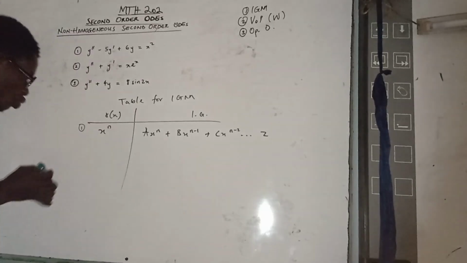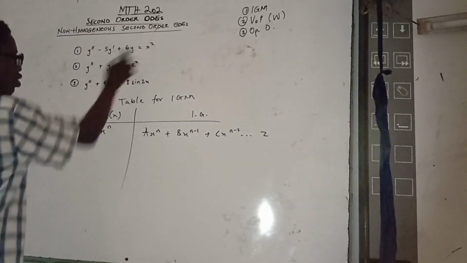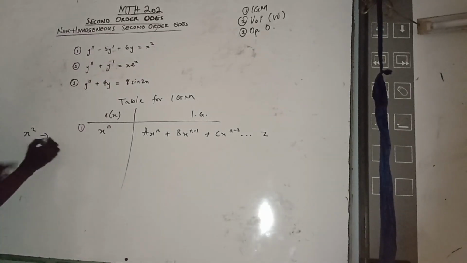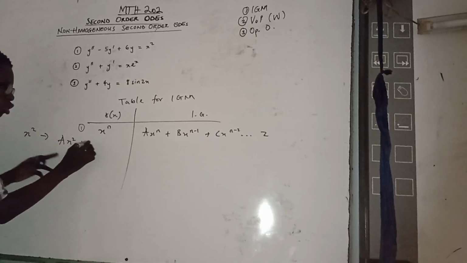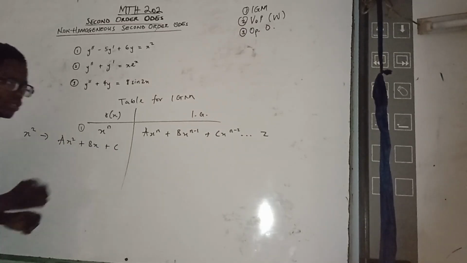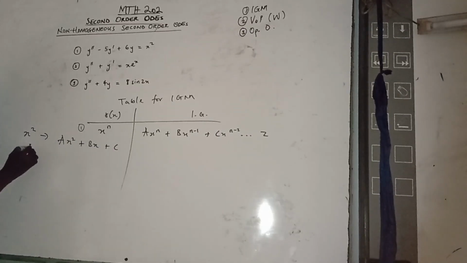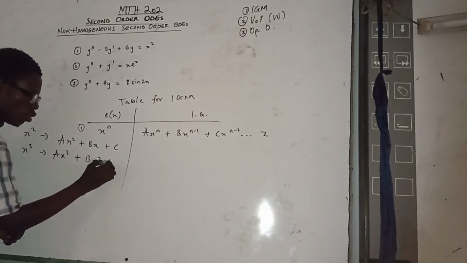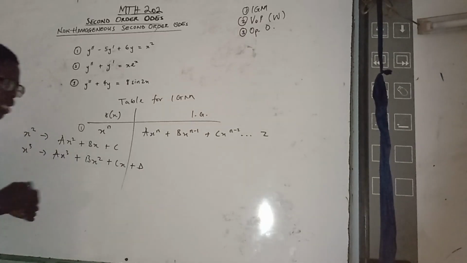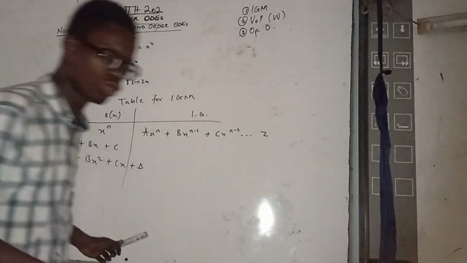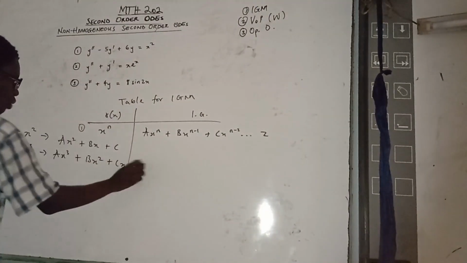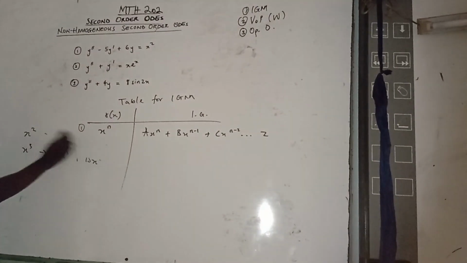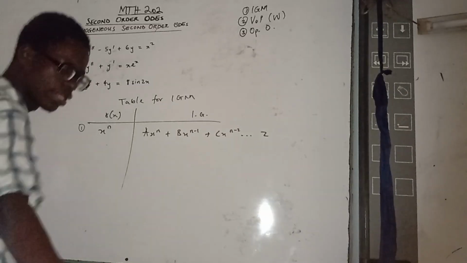For example, if we have x squared, we are going to use a x squared plus b x plus c, our constant. If you have x cubed, you are going to use a x cubed plus b x squared plus c x plus d, and it will continue like that. So that's the initial guess you're going to be using for polynomials. But if it is not a polynomial, let's say it is e raised to power x.